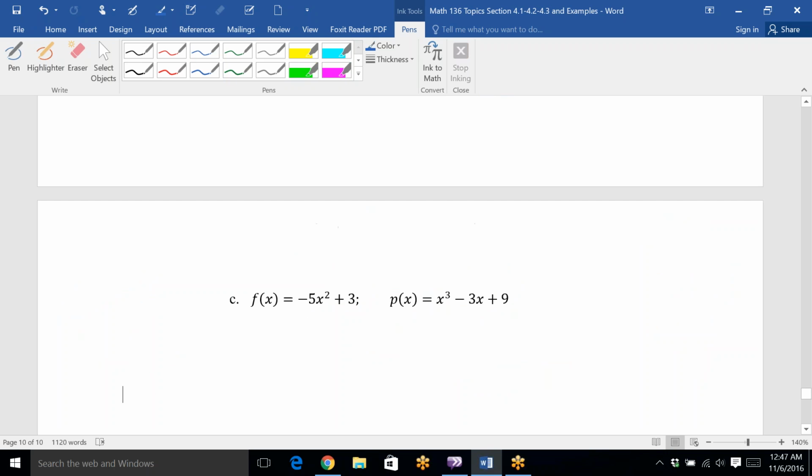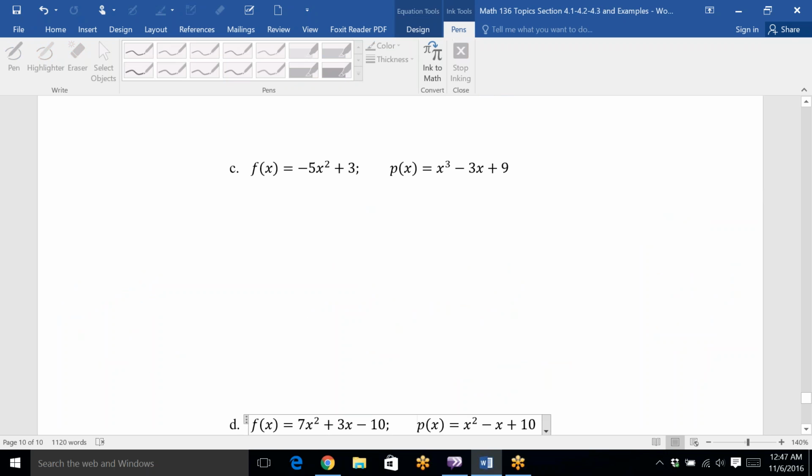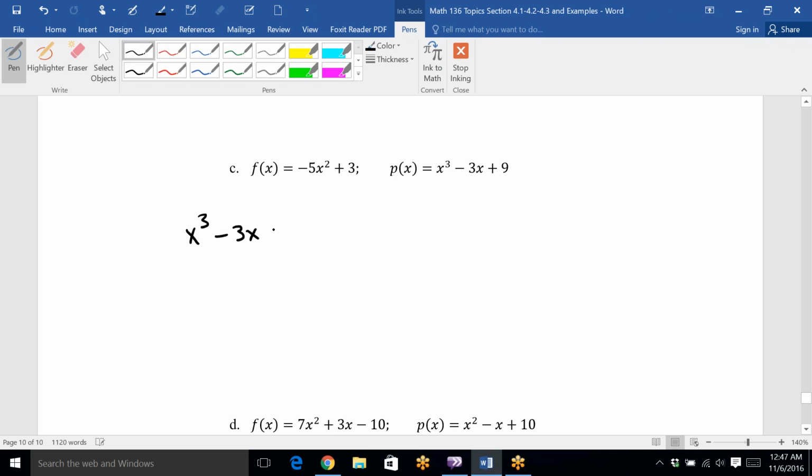Let's do at least one more, and I'll do C. In C, you're trying to divide f by p. As soon as you start lining this up, though, you notice that this one goes away pretty quickly. First of all, we need a placeholder for the 0x.